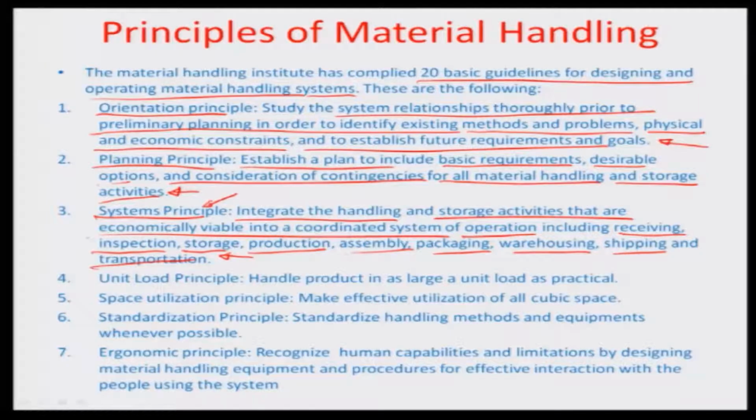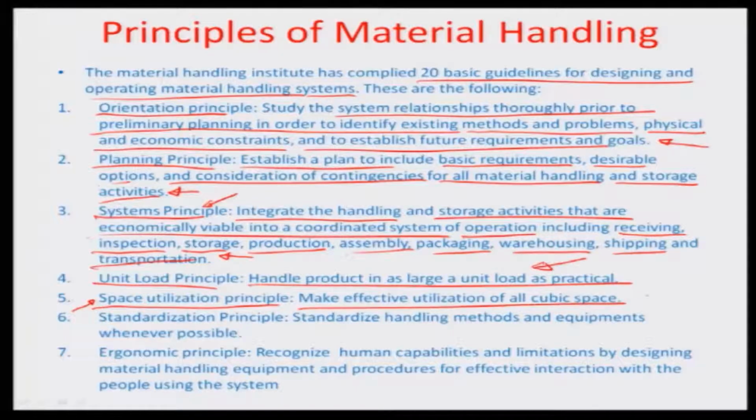Then there is a unit load principle, which handles the product in as large a unit load as practical, so that the number of times the handling has to happen goes down, because now in a unit you can supply many materials together. Obviously there has to be a very important space utilization aspect. So the space utilization principle makes effective utilization of all cubic spaces.